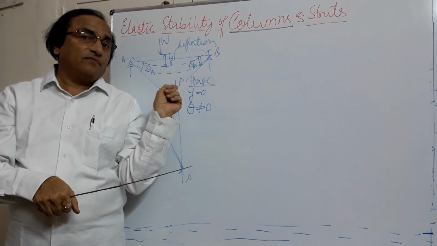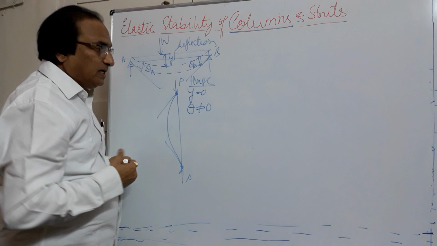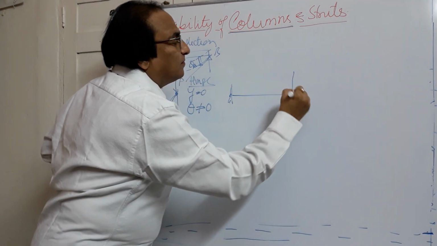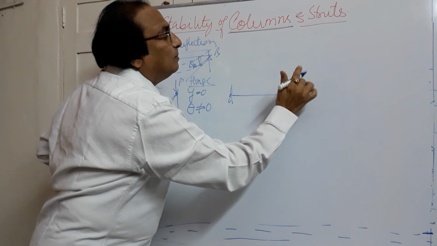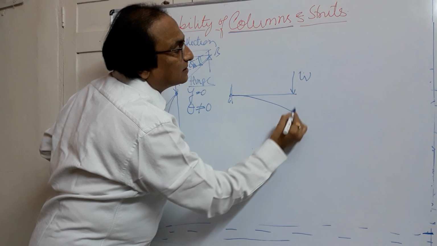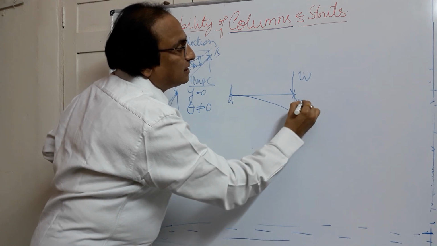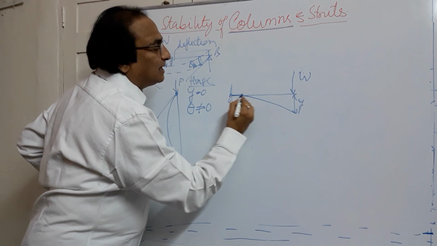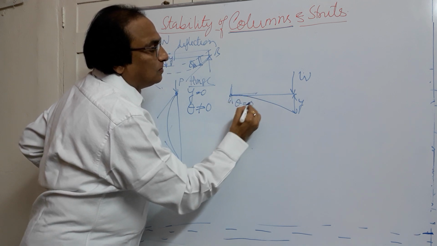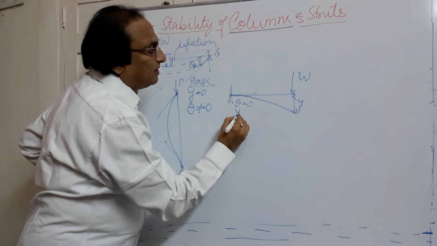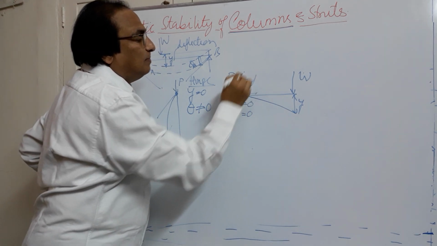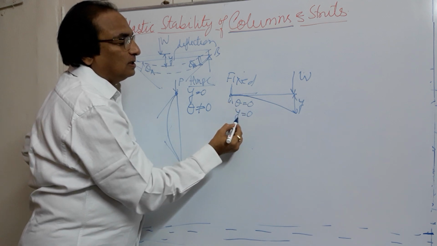In a hinge, there will be rotation. Suppose at the fixed end of a cantilever taking a load of W, the beam will be bending like this. This part we call deflection. But if you draw a tangent at the fixed end, theta value is 0 and there is no deflection. So at the fixed end, remember, slope is 0.